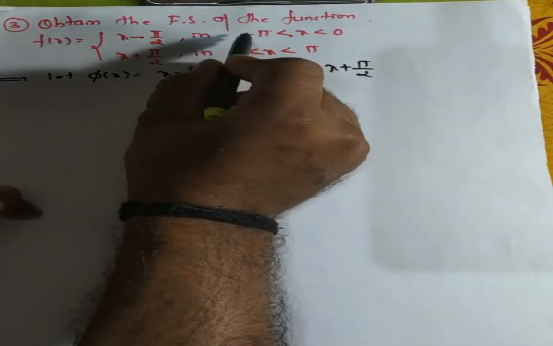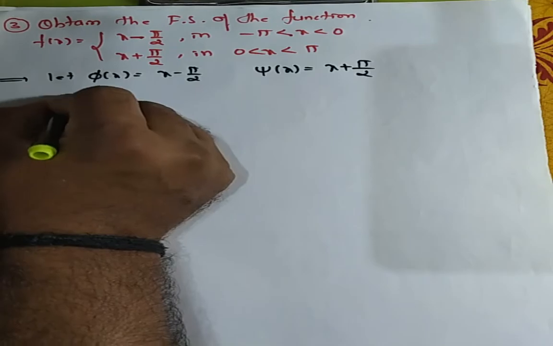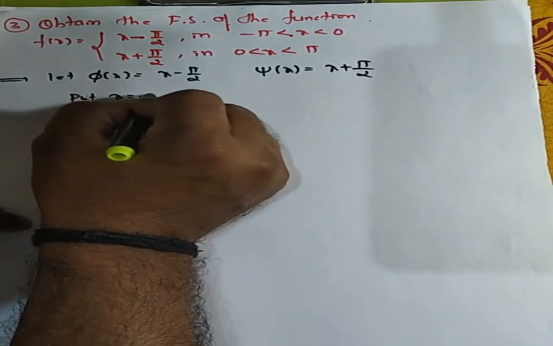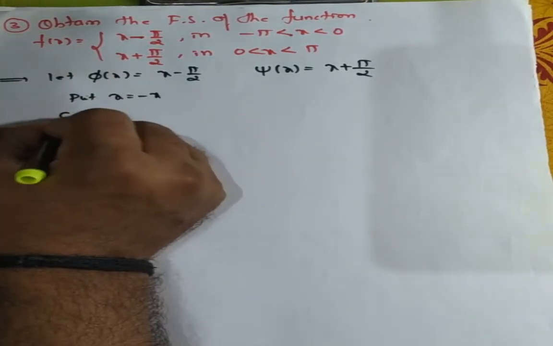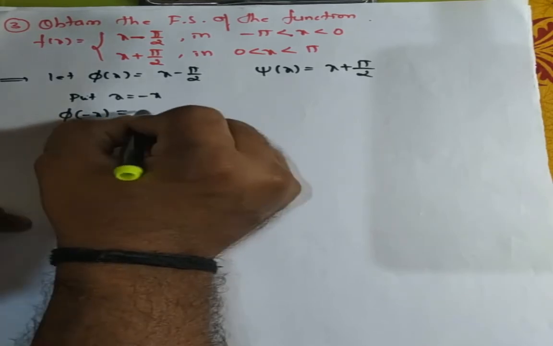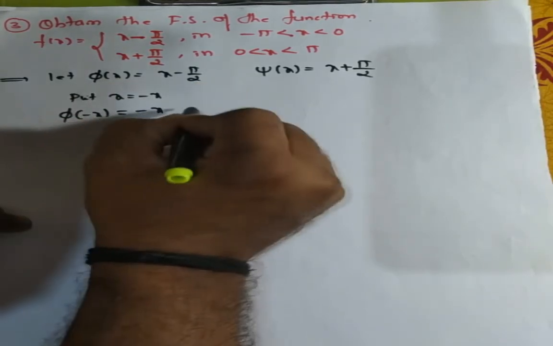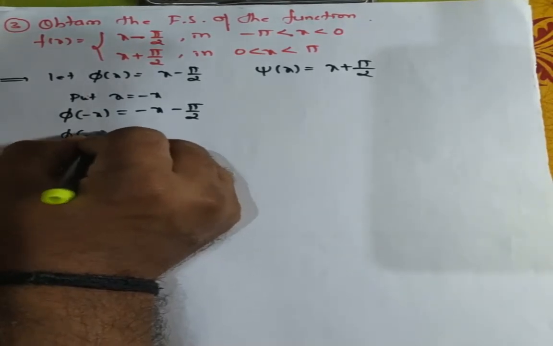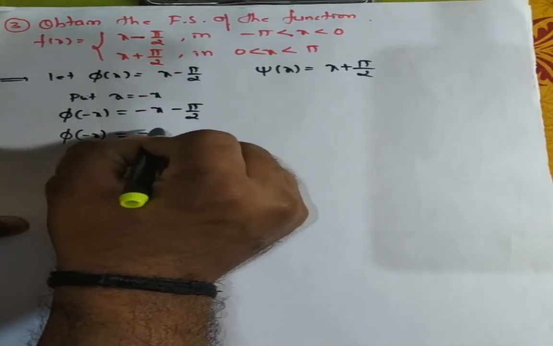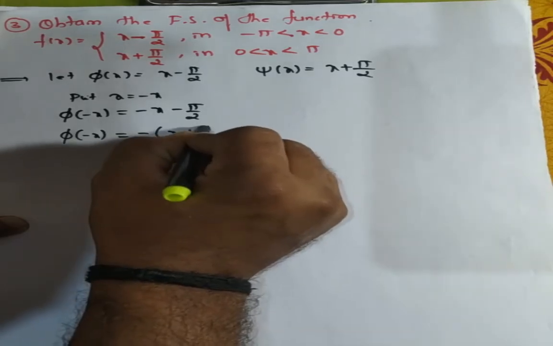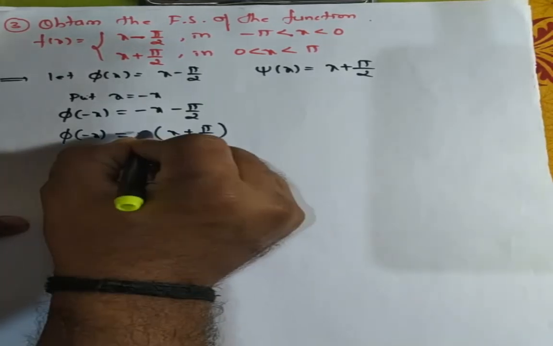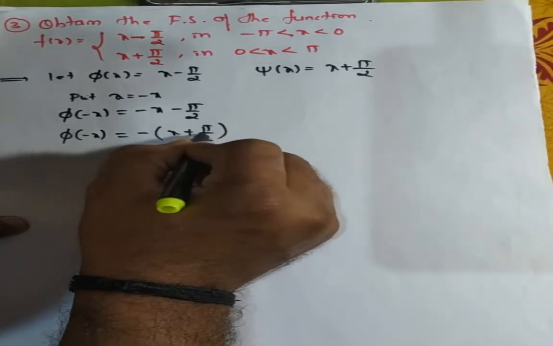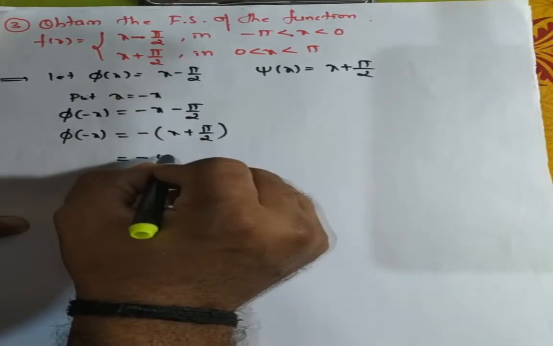If the interval is given minus pi to plus pi, put x is equal to minus x. You substitute in any one of these. So put x is equal to minus x: minus x minus pi by 2. I can write minus as it is; if I take minus common, x plus pi by 2 remains. So minus as it is, and x plus pi by 2 is nothing but psi of x.